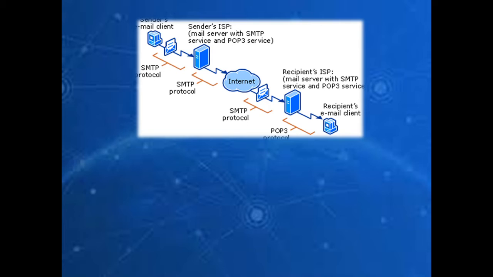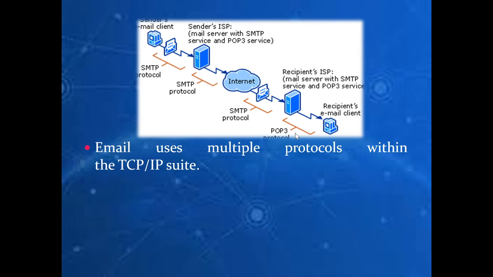When you want to check or receive your mail, the protocol responsible will be IMAP. So here, when the sender is sending its mail, the protocol responsible is SMTP. But when the receiver is receiving, POP3 or IMAP will be responsible.